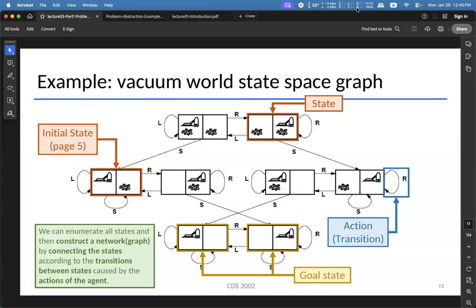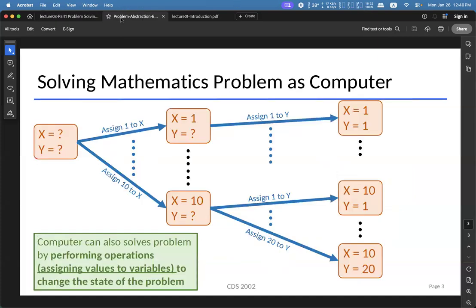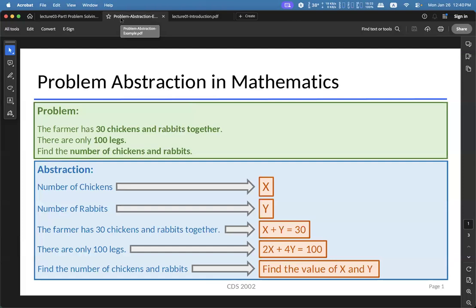And you actually have tried to do this in the past. In mathematics, when you are given a problem like this, you will not try to do any reasoning or deduction to figure out the numbers x and y, or the number of chickens and rabbits, just by looking at it.